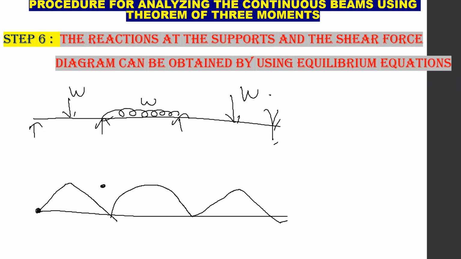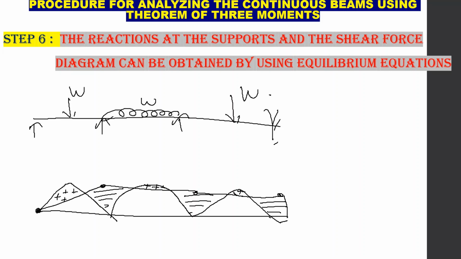You will have MB, then MC, then MD. So this will be your final bending moment diagram. You will have negative bending moment near the supports, and away from the supports, in the remaining region, you will have positive bending moment.